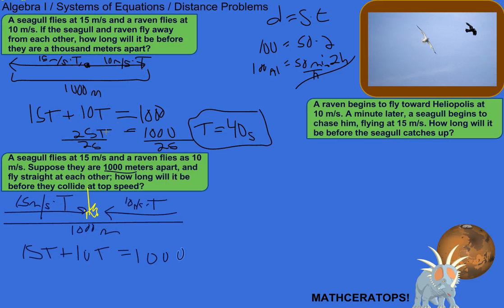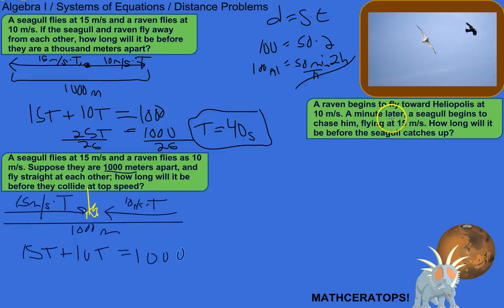All right, so different type of problem here. A raven begins to fly toward Heliopolis at 10 meters per second. A minute later, a seagull begins to chase him, flying at 10 meters per second. How long will it be before the seagull catches up? Right? So this is a slightly different kind of problem.